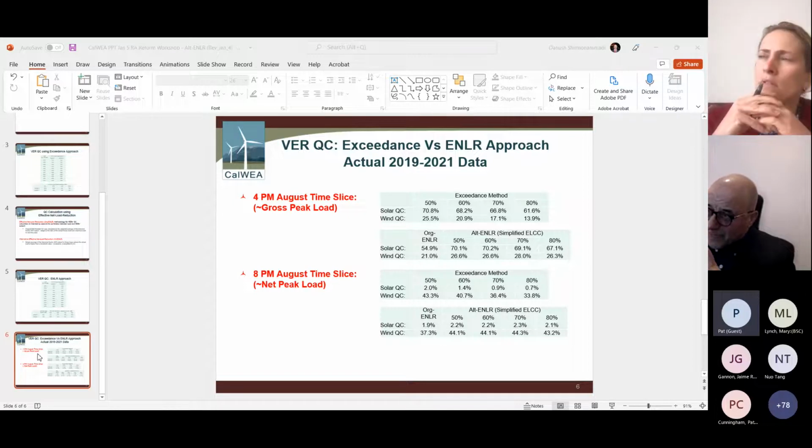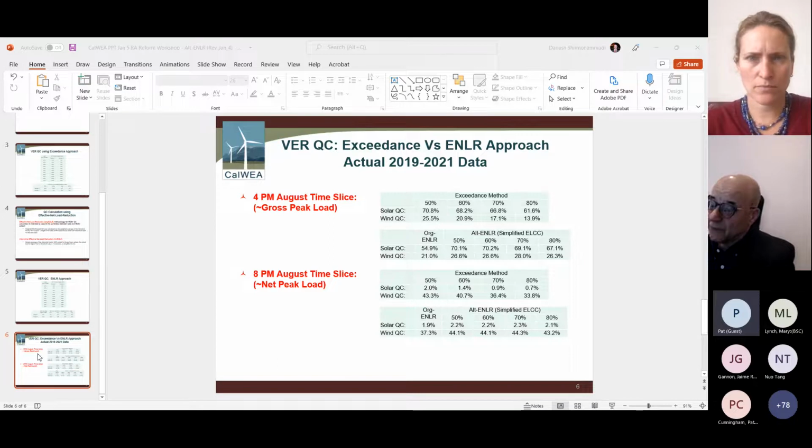because system load need is the one that determines the value of that resource for that particular one hour slice.